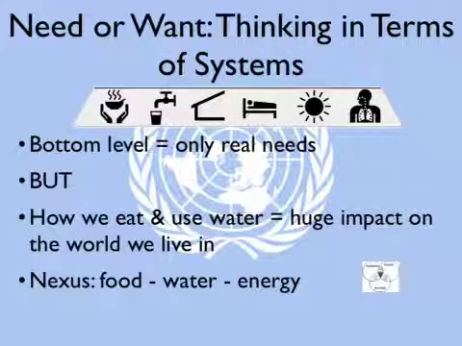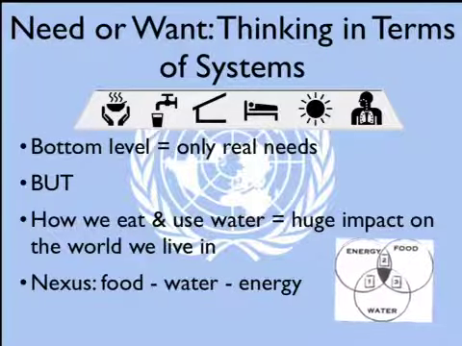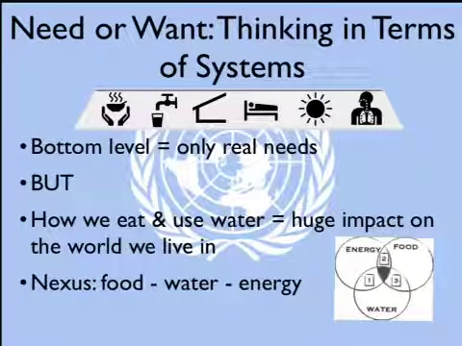Actually, in the first semester, we talked about the connection between food, water, and energy, and we did realize how connected they are. I used the following symbolic representation to show their connection.